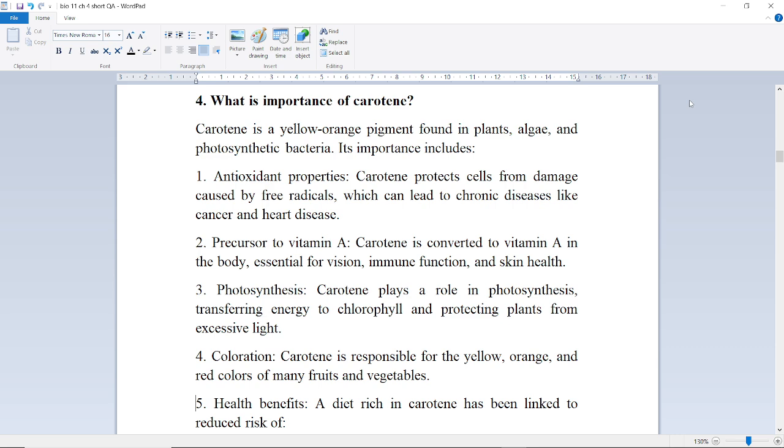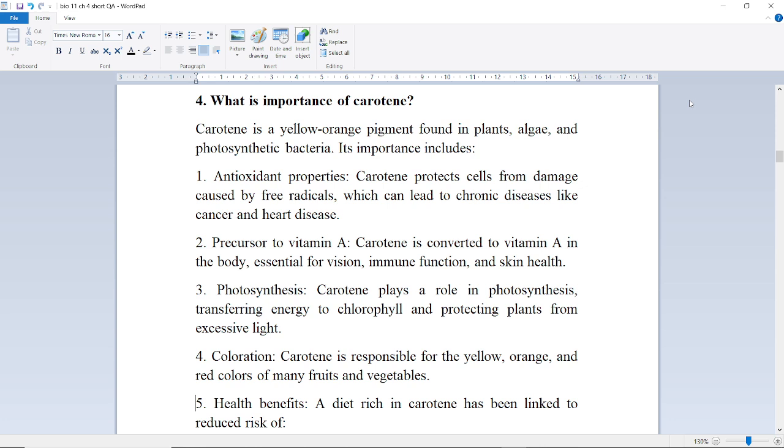Precursor to vitamin A. Carotene is converted to vitamin A in the body, essential for vision, immune function, and skin health. Photosynthesis. Carotene plays a role in photosynthesis, transferring energy to chlorophyll and protecting plants from excessive light.